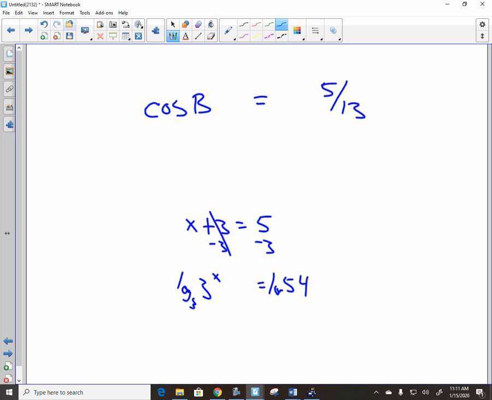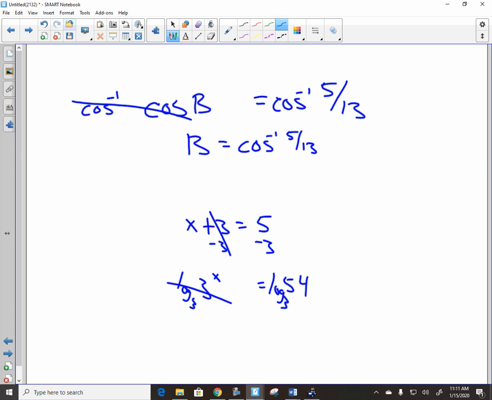So the question is, what inverse operation will get rid of cosine? Because I want to solve for B. Well, we do cosine inverse of both sides. That makes that go away, leaving you with B is equal to cosine inverse of 5/13.